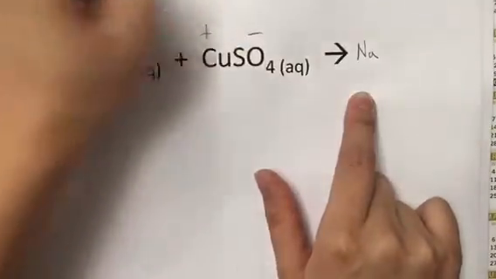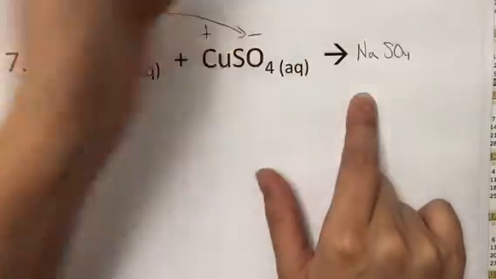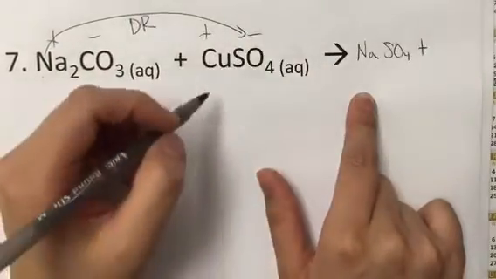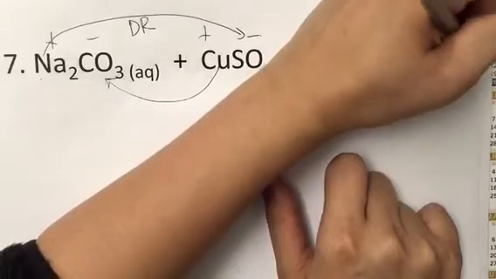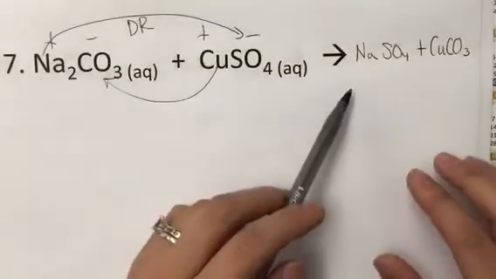So I'm going to say Na outside, SO4, plus Cu, CO3, but now I have to worry about the subscript.